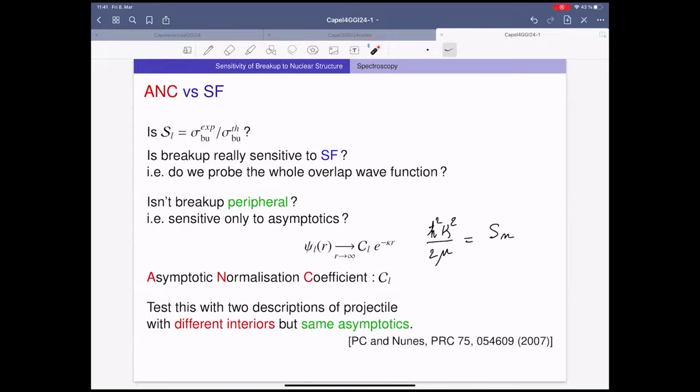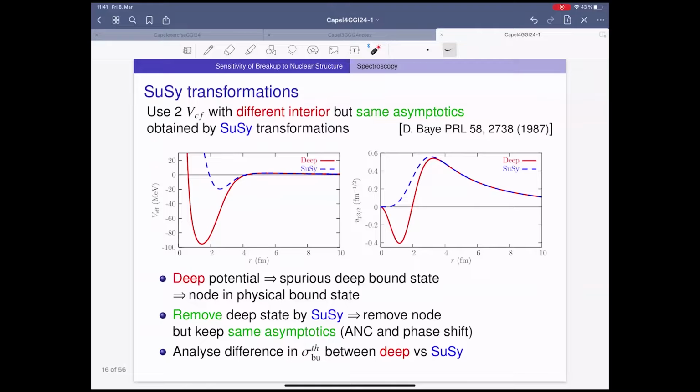So one possibility, and it's a bit like killing a fly with a bazooka, it's a very complicated mathematical tool, and we use supersymmetric transformation. This is something that Daniel Baye has developed in quantum physics in general, and what we need is two potentials that lead to exactly the same asymptotics but very different wave functions in the interior.